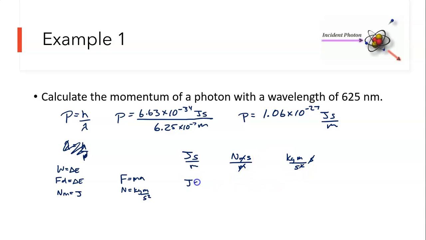So the joule seconds per meter is the same as a newton second, which is the same as a kilogram meter per second. Remembering our impulse formula, force delta t is equal to m delta v. Force has standard units of newtons, time seconds, mass kilograms, and velocity meters per second. All three of these units are correct units of momentum.